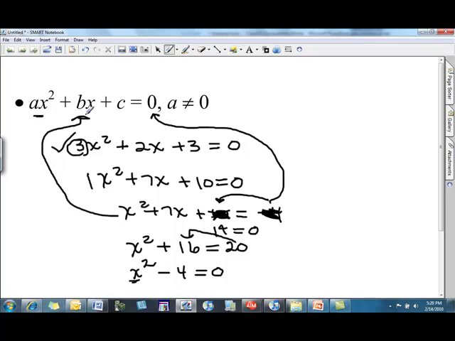I have something with another variable on it, the x. I don't have that here. Well, really you do, because this is really x squared plus 0x minus 4 equals 0. So in this case, the a is 1, the b is 0, and the c happens to be minus 4. So they're all examples of quadratic equations.